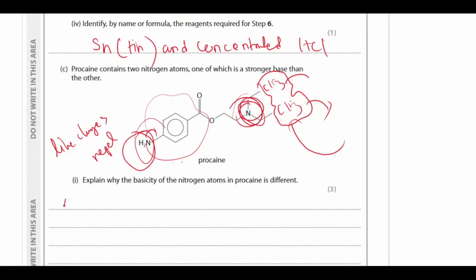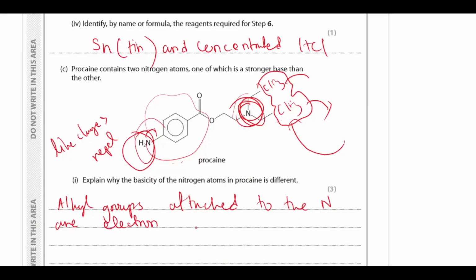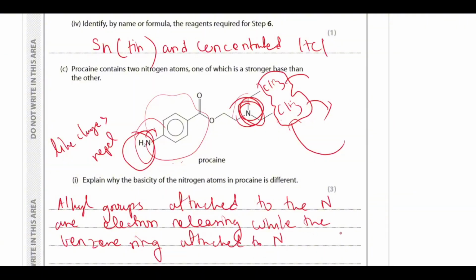So we can write that alkyl groups attached to the nitrogen are electron releasing, while the benzene ring attached to N is electron withdrawing.